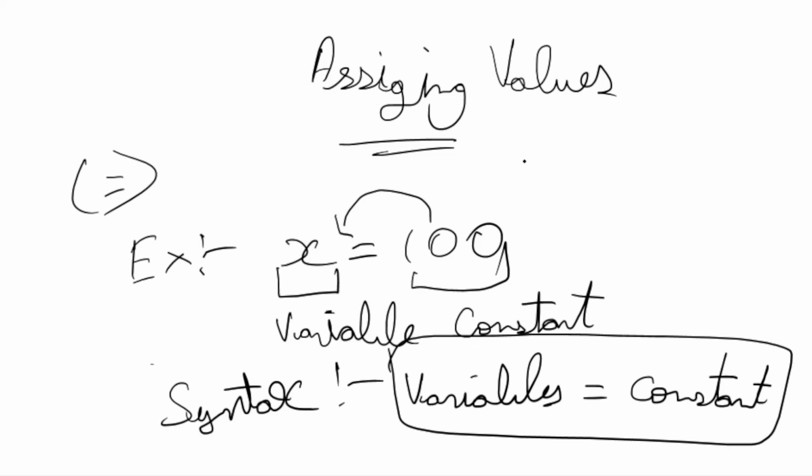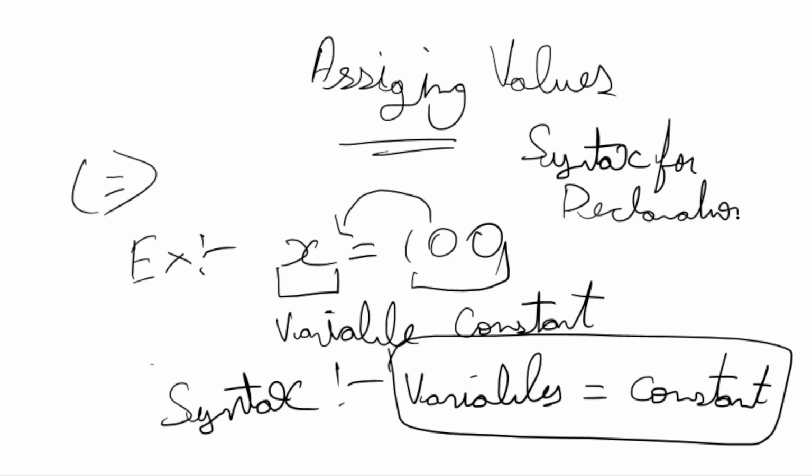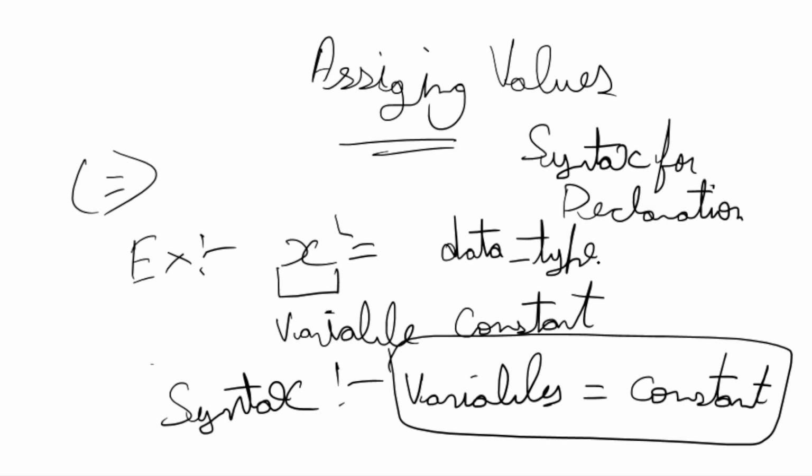And for the declaration part, the syntax for declaration will be data type and variable 1, variable 2.